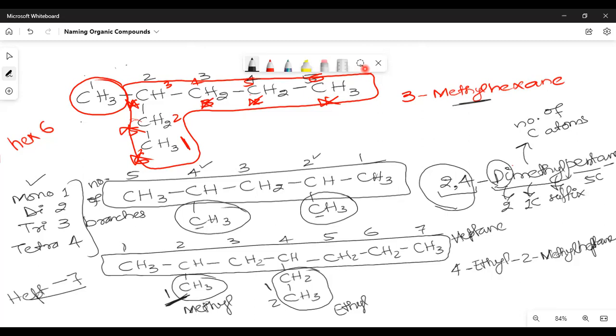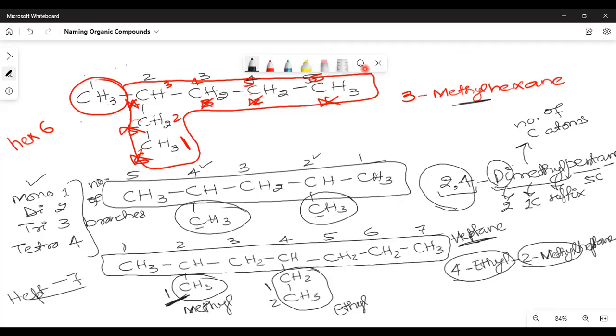Okay. The only thing I wanted to show you was that if there are two different branches, they are named in two different manners. And those two different things stand before the parent chain name. So the whole parent chain is named as heptane. So the whole 4 ethyl and 2 methyl thing comes before the parent chain name. That's all I wanted to show you.